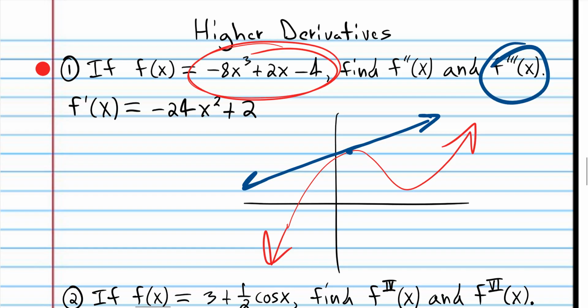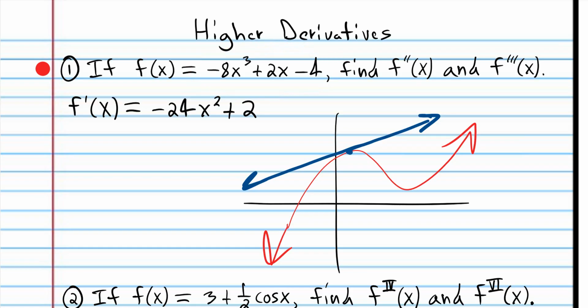The triple derivative is the rate that the rate of change of the y values is changing. Again, it's very, very complicated. In calculus, you're really only going to use the first derivative and the second derivative. The third and fourth and any derivative above that are not really used for much in the calculus curriculum. But you are going to be expected to know how to find higher derivatives like the third or fourth or fifth or sixth derivative.